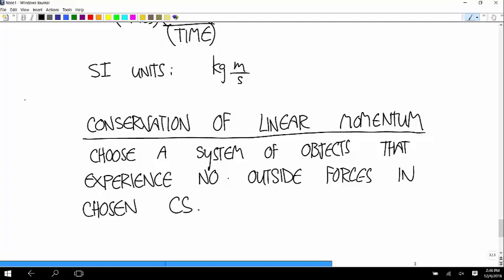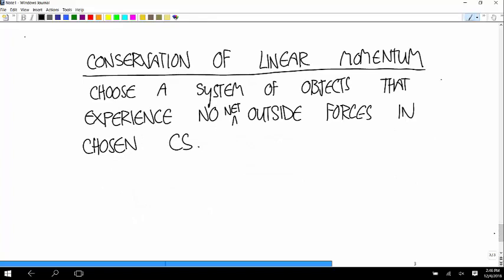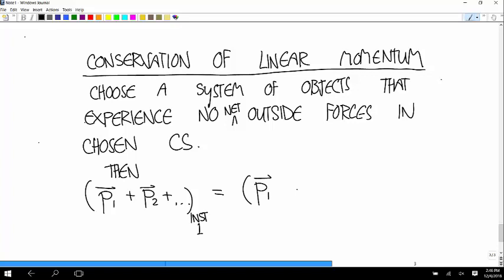Well, I should say net, actually. You can have a bunch of forces as long as they add up to 0. Then the sum of the linear momentums of the different objects at instant 1 has to be equal to the sum of the linear momentums at instant 2.